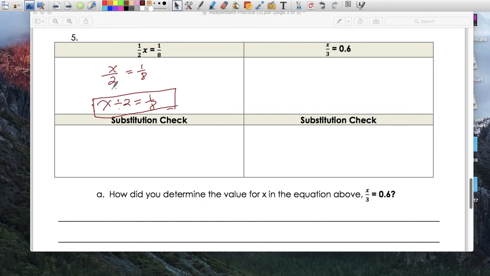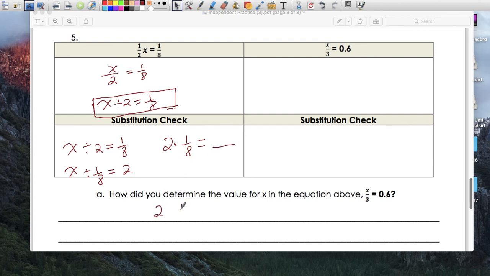So remember fact families. Here's one fact: this divided by 2 equals 1/8. I can say also that mystery number divided by 1/8 equals 2. But that doesn't help me find that mystery number, right? So let's use multiplication. In multiplication, 2 times 1/8 is going to be our mystery number, right? And that I can actually do.